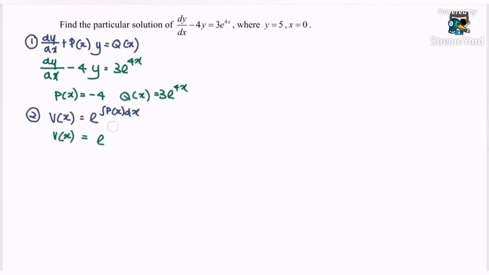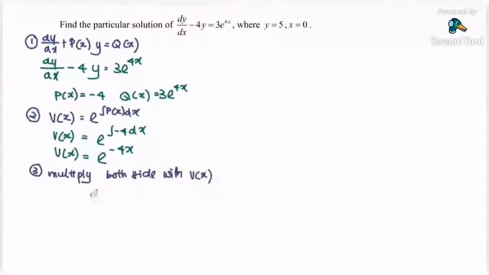Step number 3, multiply both sides with Vx. dy dx minus 4y, multiply with the Vx, we have equals to 3 e to the power 4x multiplied with e to the power negative 4x.